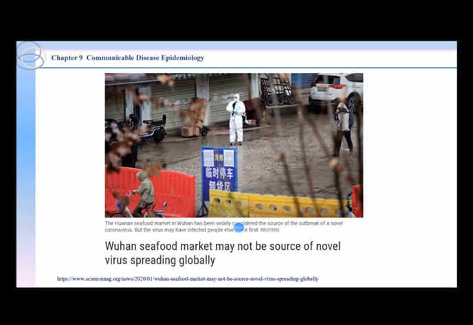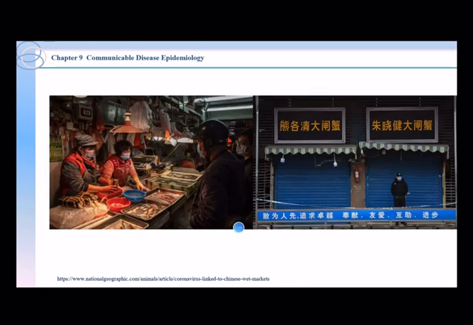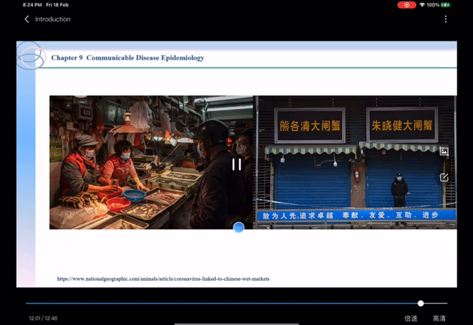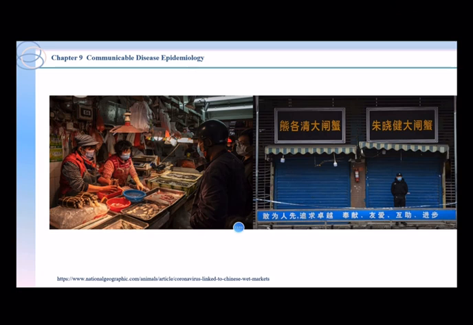Some reports say that Wuhan's Huanan seafood market might not be the source of the novel virus spreading globally, but it is sure that it was a spot where the outbreak of COVID-19 was first detected. Here are a few pictures of the Huanan seafood market, where people can sell and buy different seafood and also wild animals.